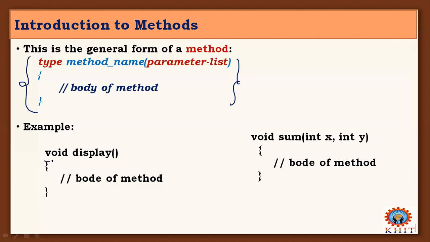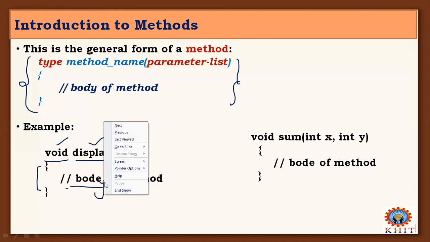So here I am specifying void as the type of the method, and here is the method name, and in parentheses of this method definition there are no parameters, so simply keep it empty, and create some scope and the body of the method.